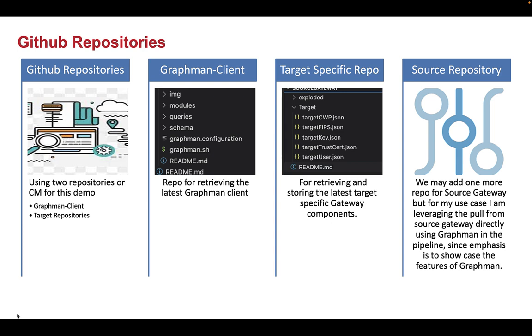But since I want to emphasize Graphman commands and showcase the features and capabilities, as part of the Jenkins pipeline I'm directly exporting components and dependencies from the source and then using that content to import it into the target. So I'm not fully automating it from a source repository point of view, but from a Graphman point of view, I'm just emphasizing this.